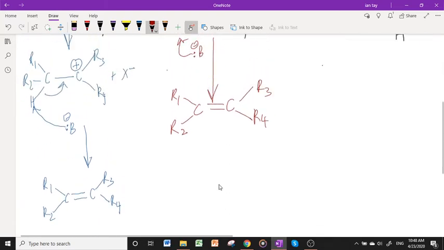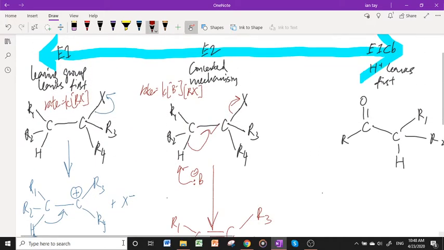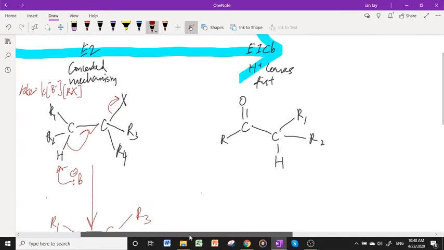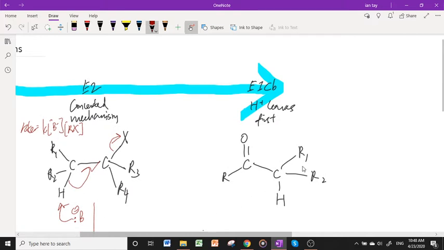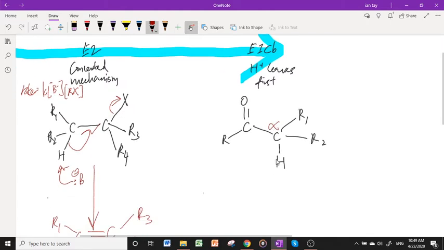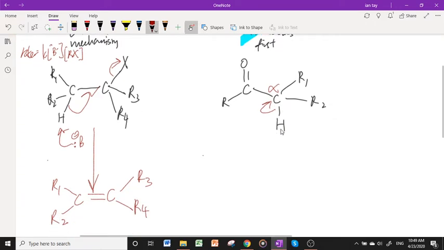Okay, so let us then take a look at E1CB. E1CB is normally only used for ketones, right? The abstraction of the H plus from the alpha carbon of the ketone, this is called the alpha carbon. The reason for this is that the hydrogen bonded to the alpha carbon of a ketone is especially acidic. So it's possible that this deprotonation occurs first, and normally it is because a base comes in to abstract this hydrogen.